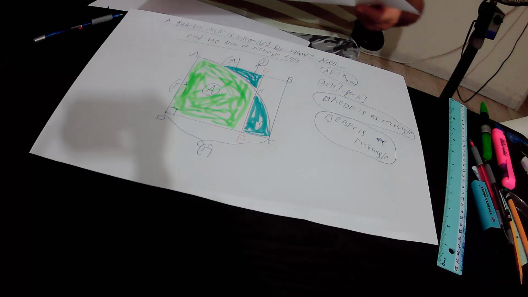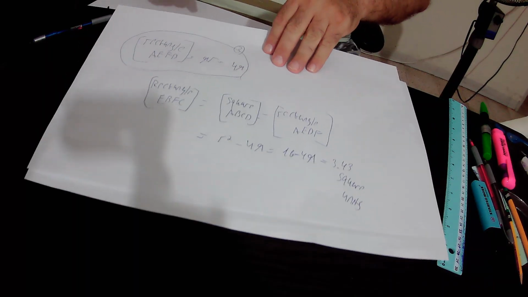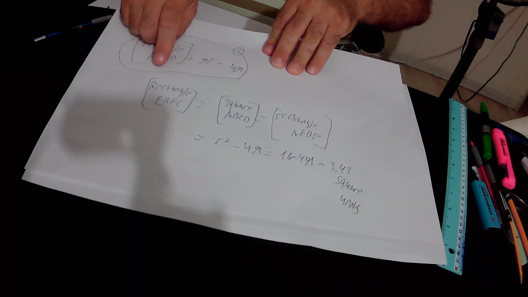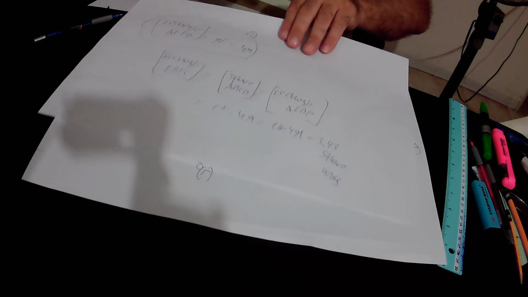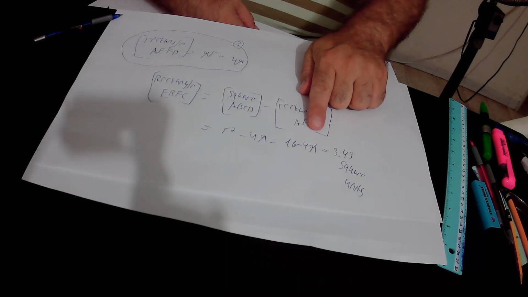So in total, the area that we are looking for, the small rectangle EBFC, must be equal to r squared minus 4 pi. R is 4, therefore r squared is 4 squared, that is 16, minus 4 pi.